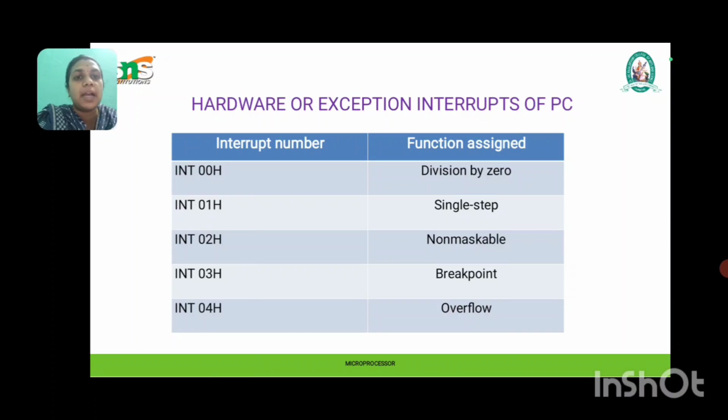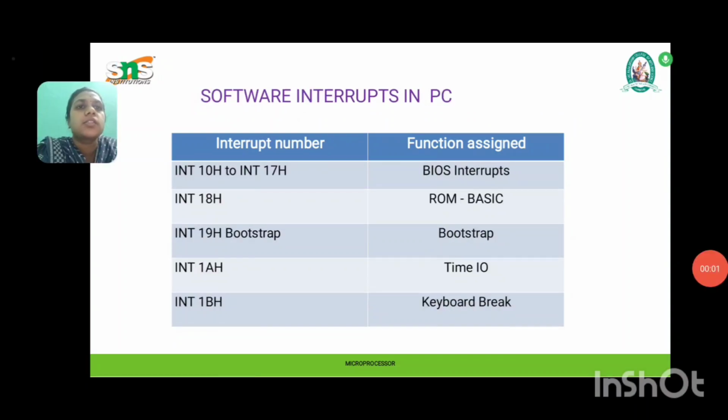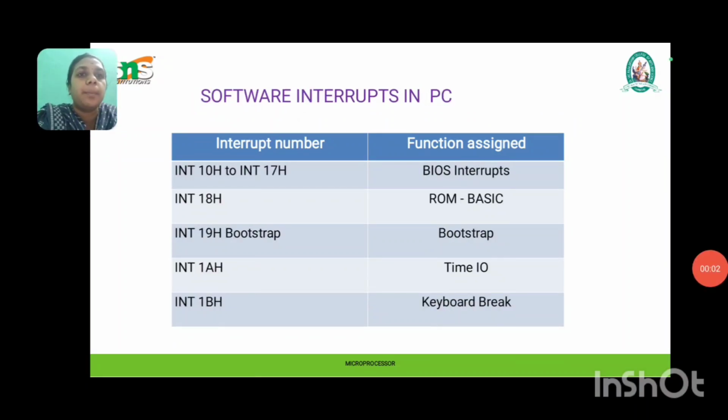Interrupt 03H is the breakpoint, and INT 04H is overflow.